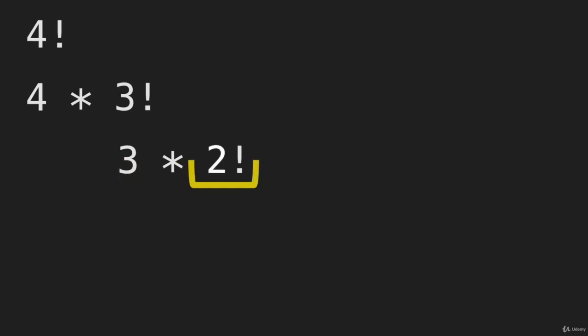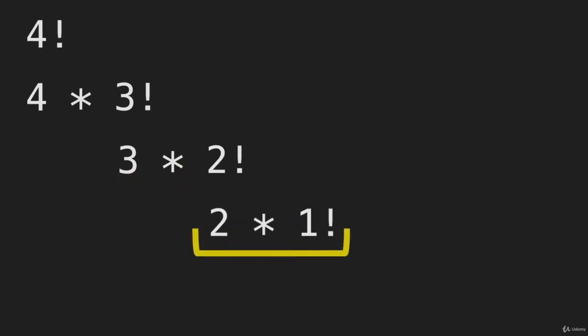And 2 factorial is the same as saying 2 times 1 factorial. And 1 factorial, well, this is just 1. This one's different. This is our base case. Once we get to 1, we can stop doing this breakdown that we just did here.